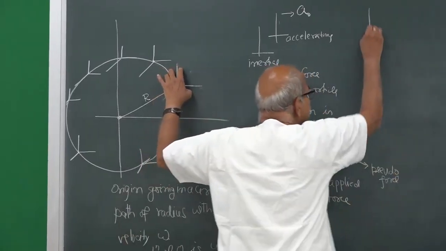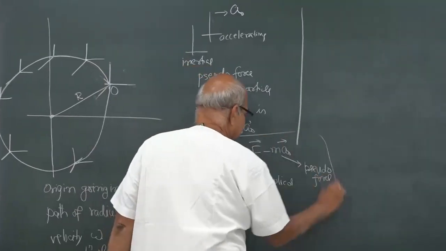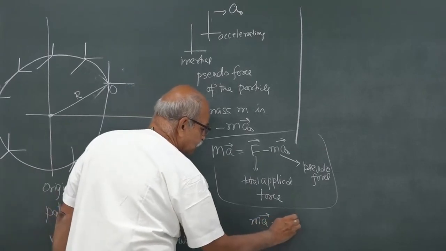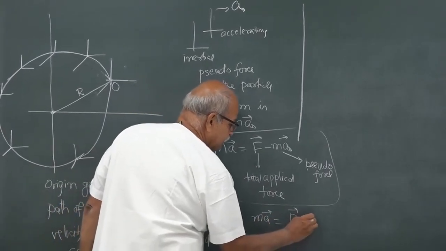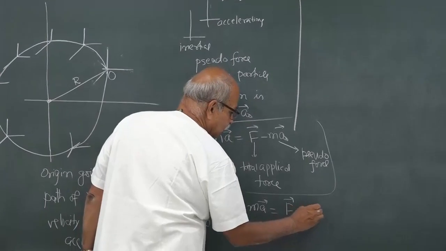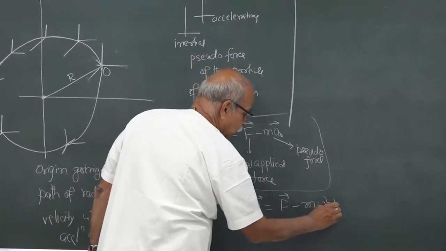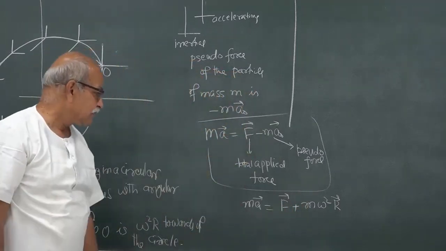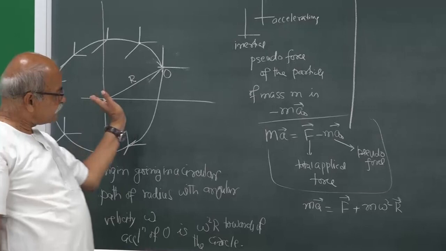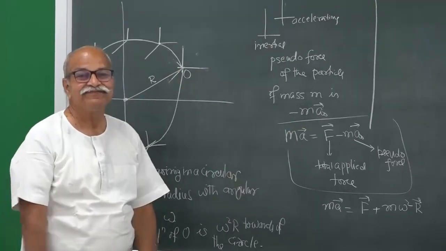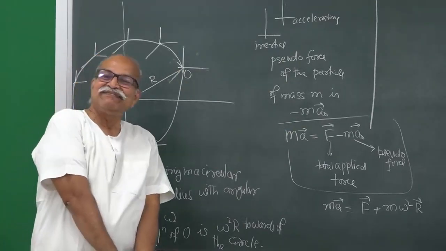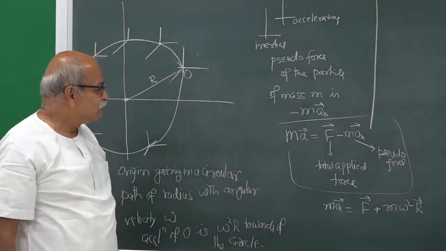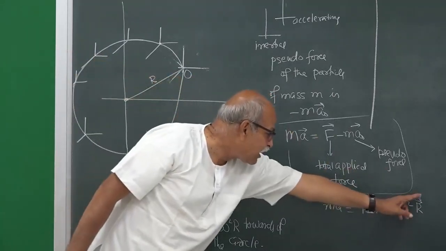For this frame also we will have the same equation: m a is equal to total force F, and minus m into omega square into this r vector, plus here, because you have another minus. This acceleration is inward and therefore this is outward. I am not calling it centrifugal force, although it looks like centrifugal force, because this is the same r.